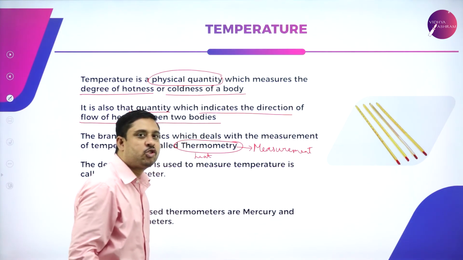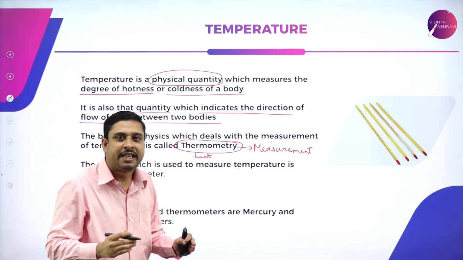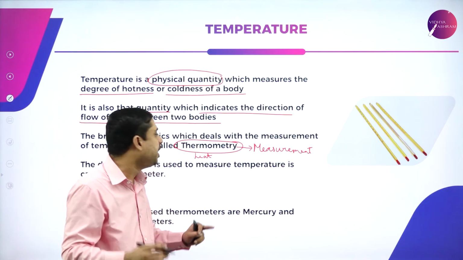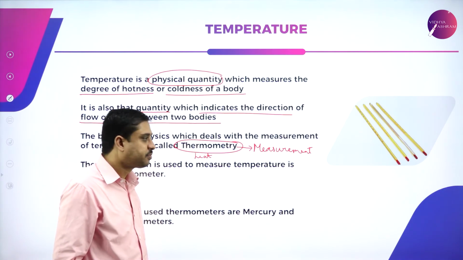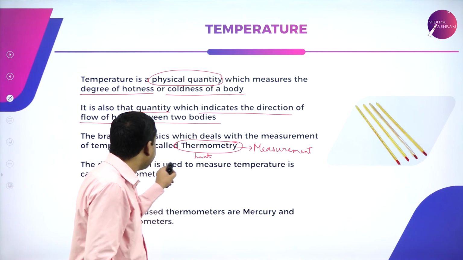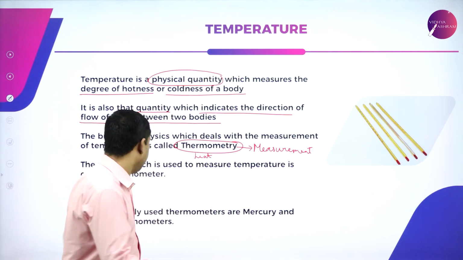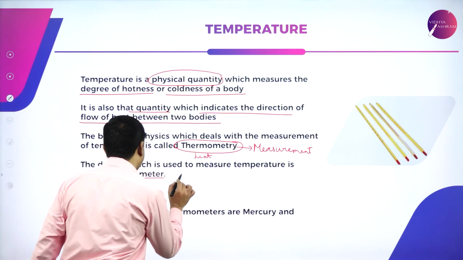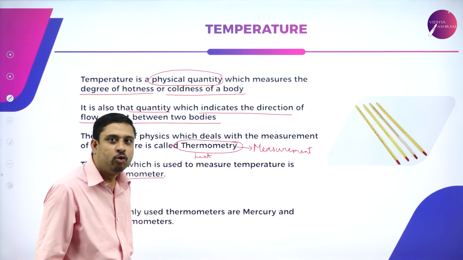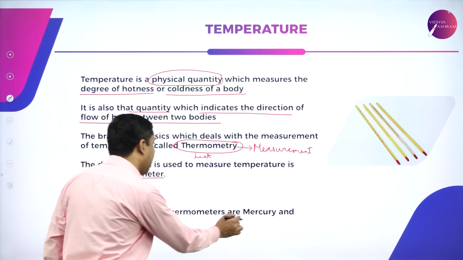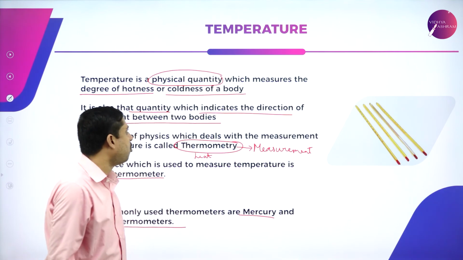So the branch of physics which deals with the temperature of bodies is called thermometry, and the device which is used to measure temperature is very well known as the thermometer. The commonly used thermometers are mercury and alcohol thermometers.